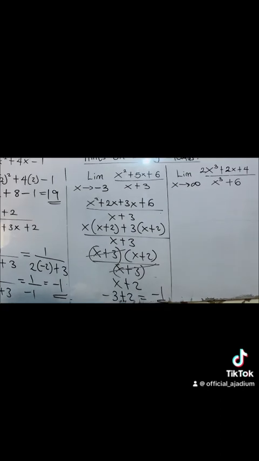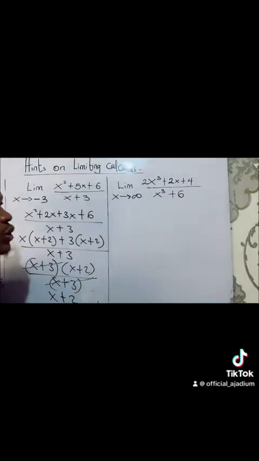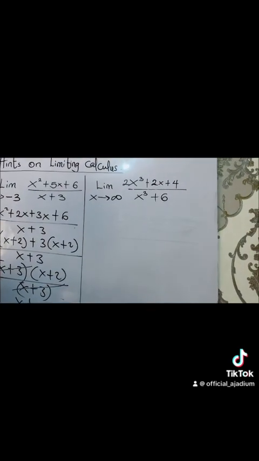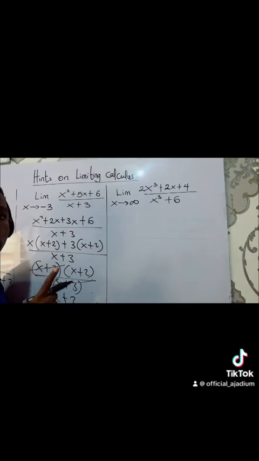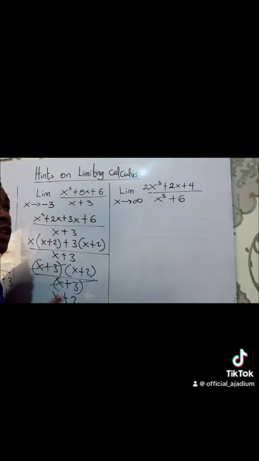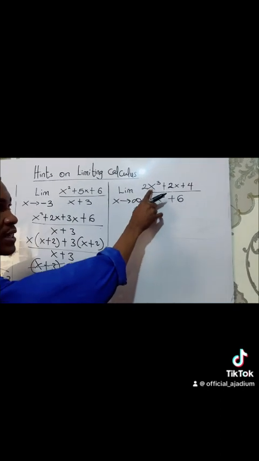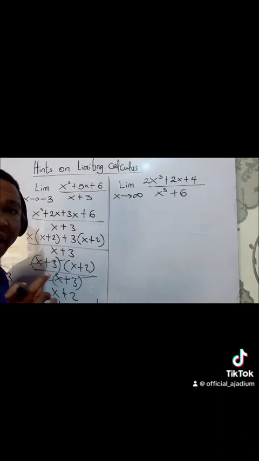So let's move to the last question, which is the fourth question. Now for the fourth question, you can see that x tends to infinity. Anytime x tends to infinity in a limiting function, all we have to do is divide the numerator and denominator by the highest power of x. So the highest power of x here is x cubed. So I'll divide each term by the highest power of x.